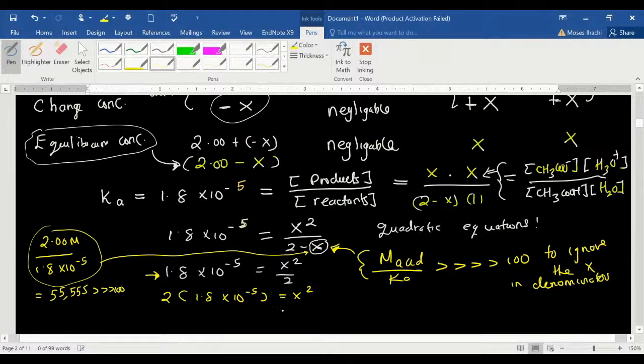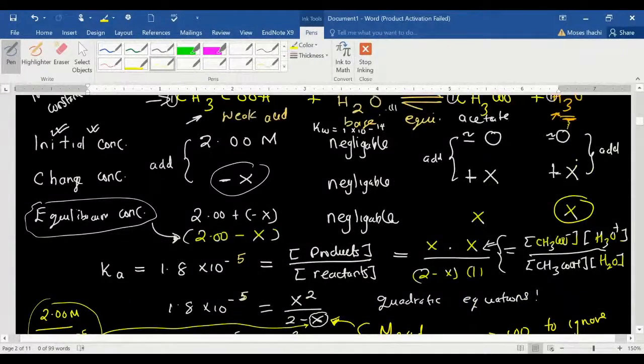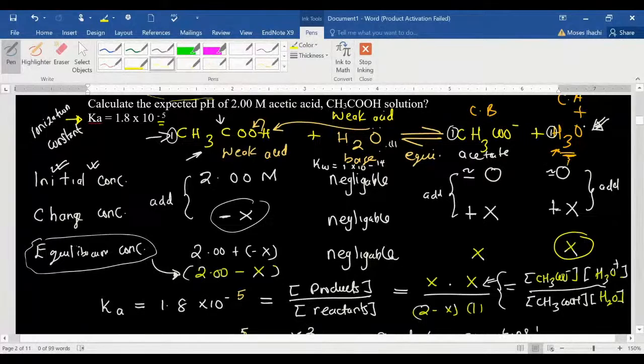If you continue with this math, the value of x should be equal to 6.00 times 10 to the power minus 3. Now, this happens to be the concentration of hydronium. Go back to your ICE chart. You'll see that the hydronium, H3O plus, at equilibrium has a concentration of x.